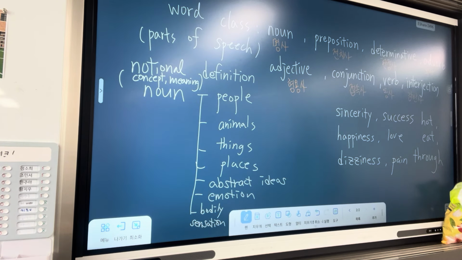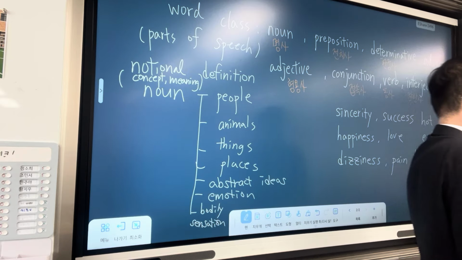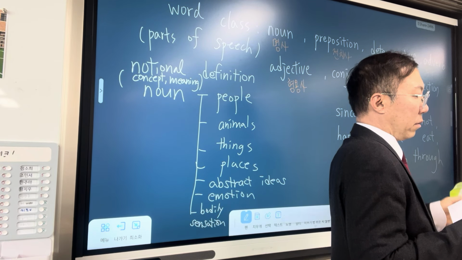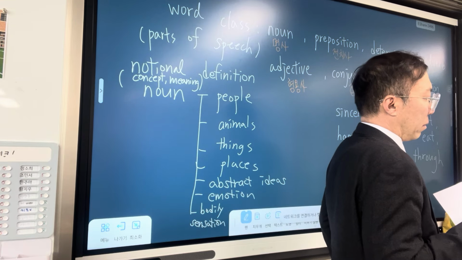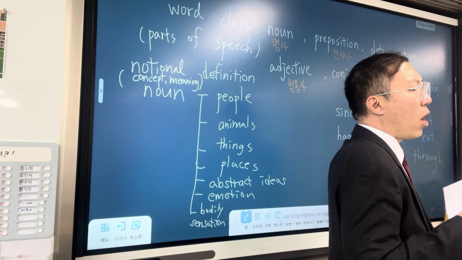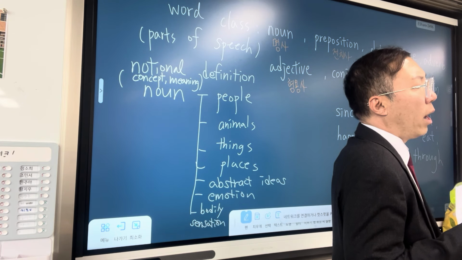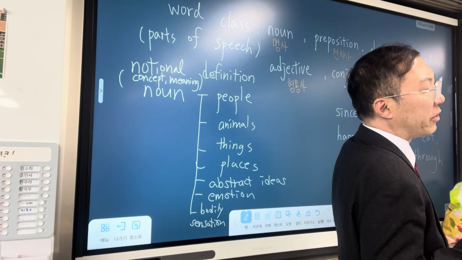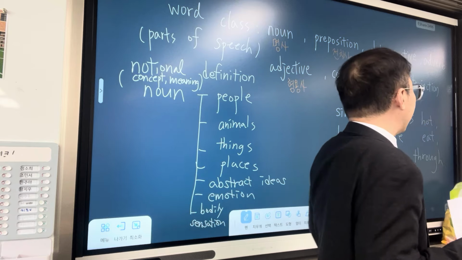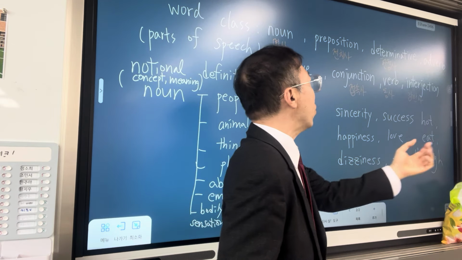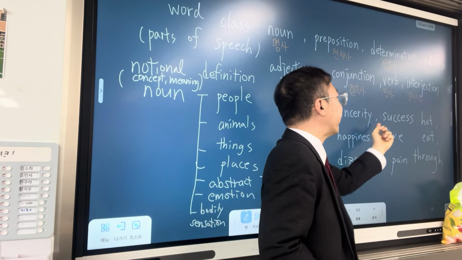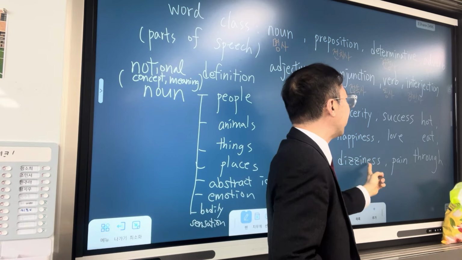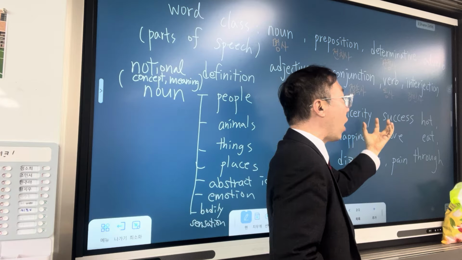In the case of nouns, we would want to know why all the italicized words above, like sincerity, success, happiness, love, disease, and pain, are on the list of nouns, but not, say, hot, eat, or throw.